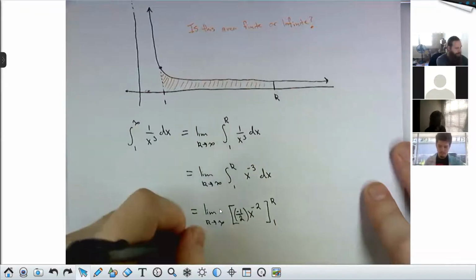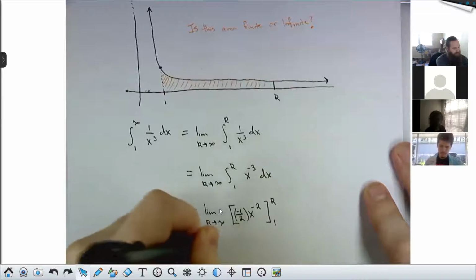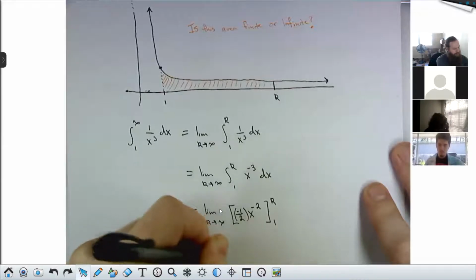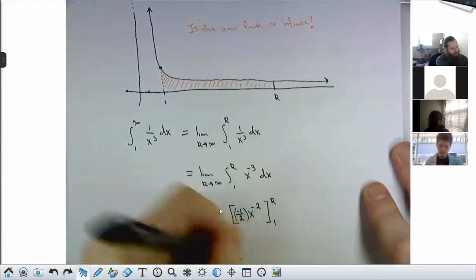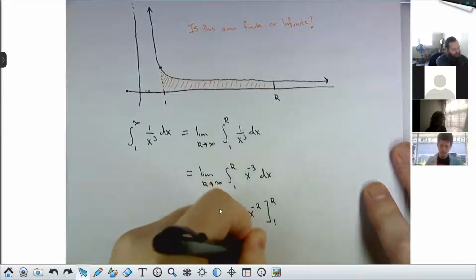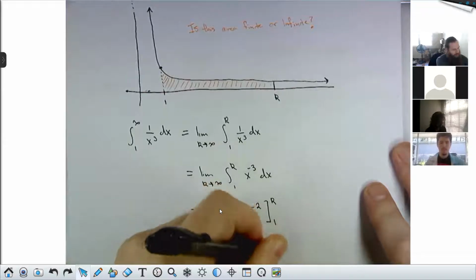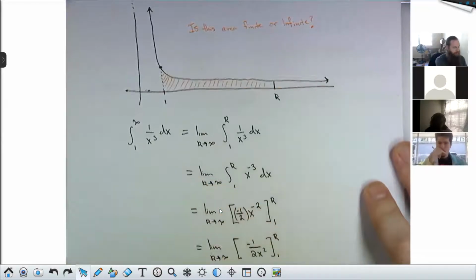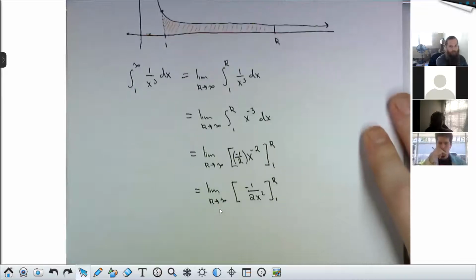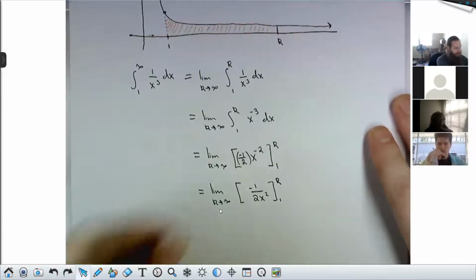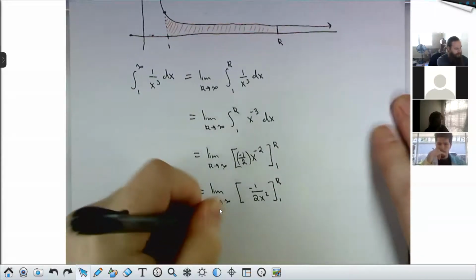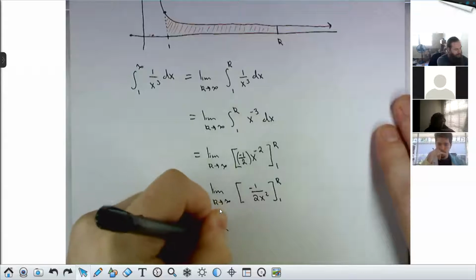Now I can clean that up algebraically a little bit. That's the limit as R goes to infinity of negative 1 over 2x squared, evaluated from 1 to R. And now I can go ahead and evaluate and then take the limit.